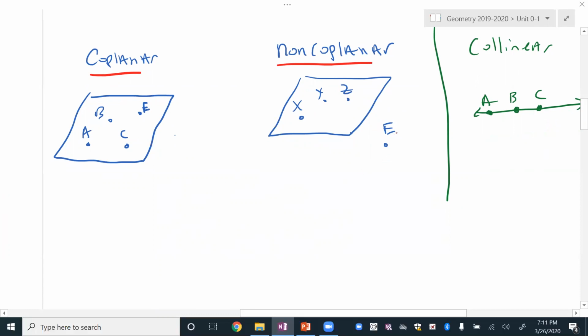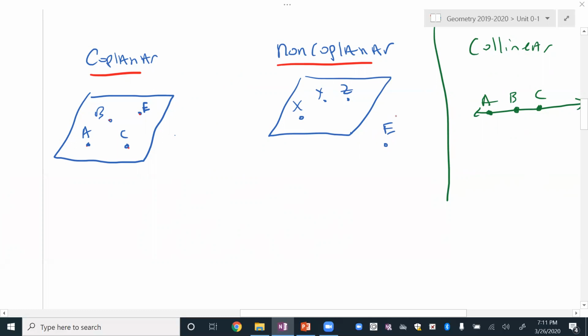If you notice that this E is on the outside, it's there for a reason. There's ABC here and E with it. Coplanar is when all the points are inside of the plane. So all points are inside, they're on it. Here, if you have points that are outside, then that's considered non-coplanar.